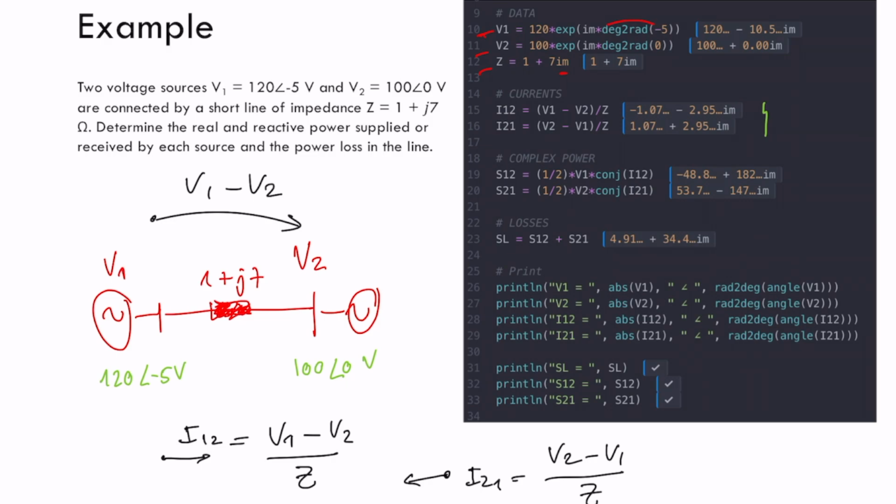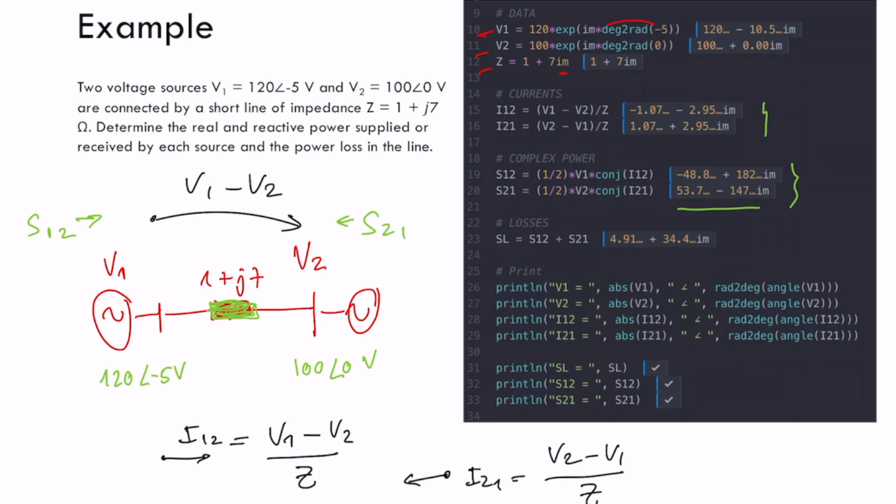And now I can finally compute what is the power that is sent from 1 to 2, which is the complex power that I'm sending from 1 to 2. And then what is the power that I'm sending from 2 to 1. Well, you can imagine these two powers are not the same. They differ not only in the sign because there are some losses in between, in this element here.